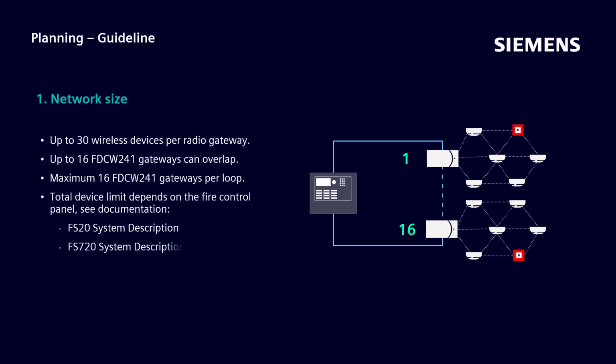The maximum number of devices per loop or stub also depends on the type of fire control panel you're using. For detailed limits and configuration guidelines, refer to the official documentation, FS20 Fire Detection System, System Description, and FS720 Fire Detection System, System Description.